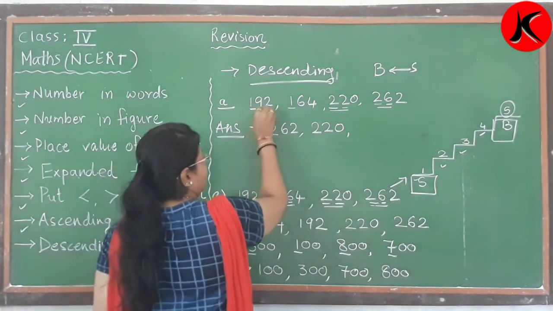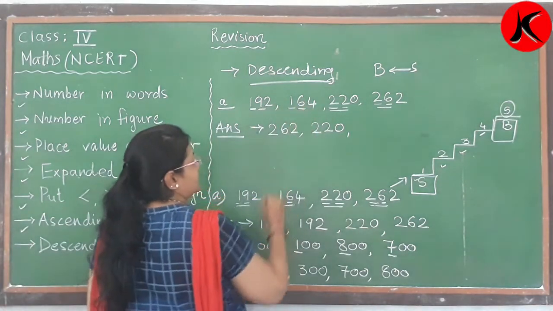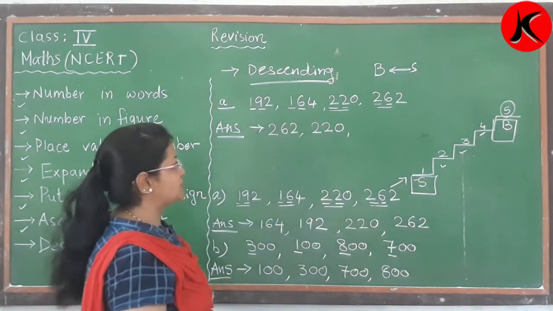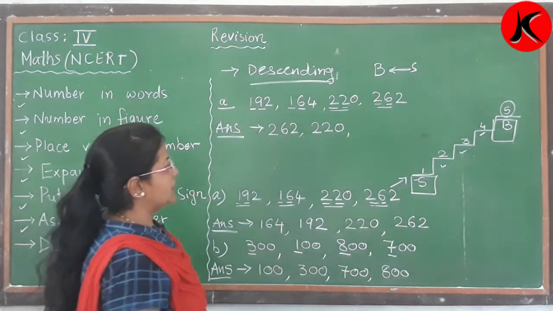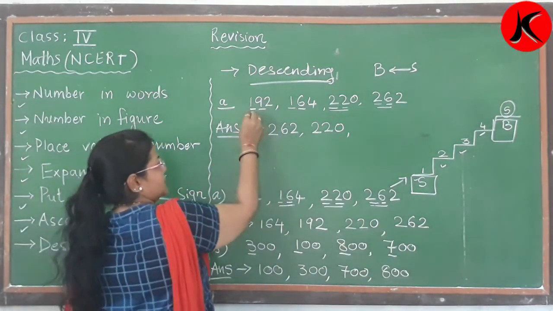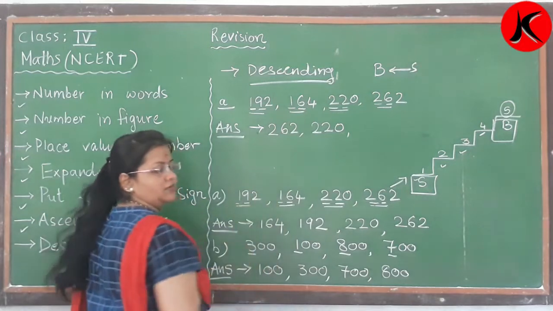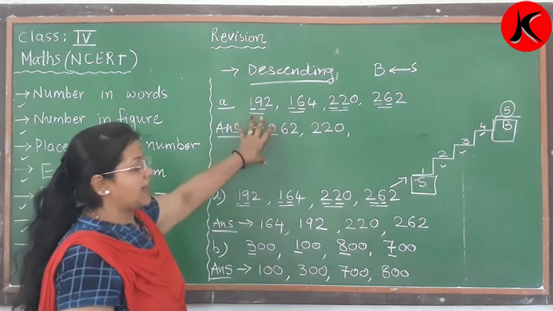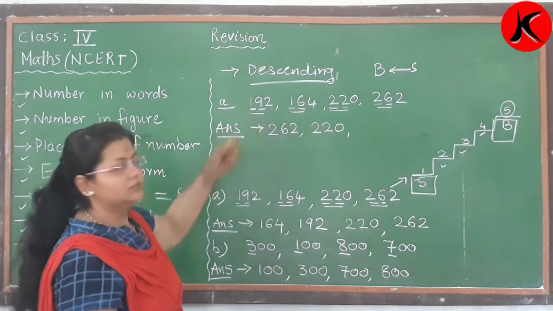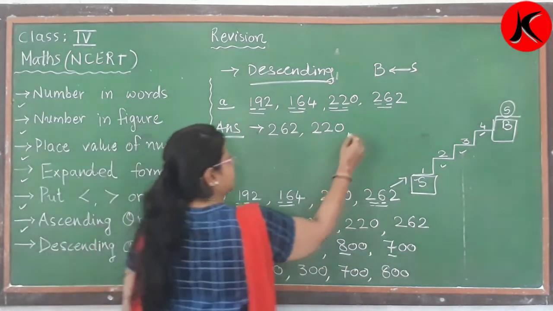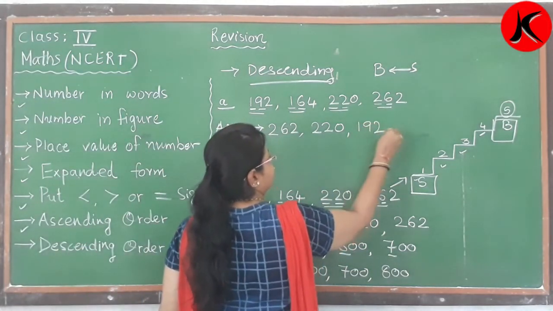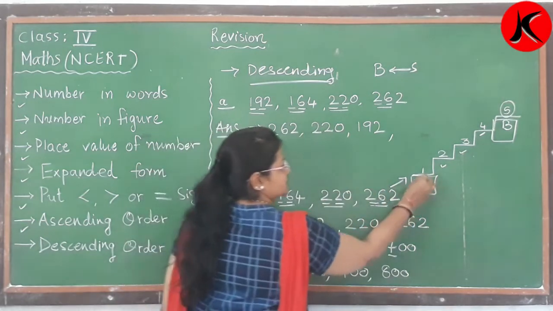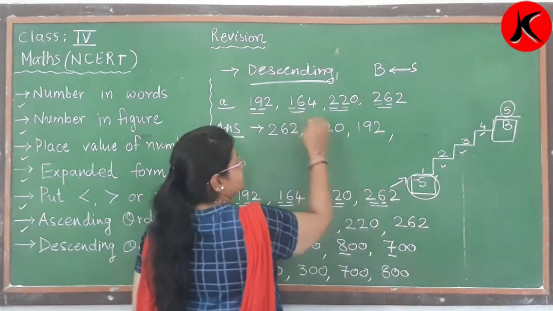Now compare on the tens place, 9 and 6. So which one is the bigger number here? 9. So 19 and 16. Which one is the bigger number? 19 or 16? 19. So write here 192 and the last one is the smaller number.